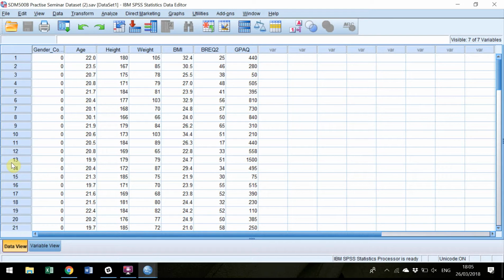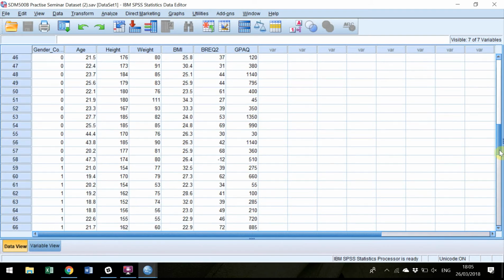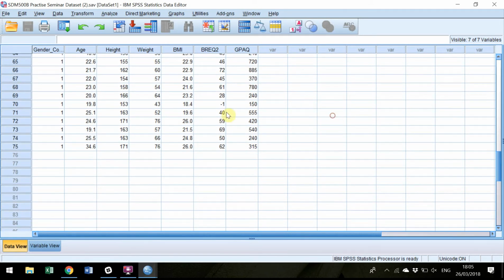Perhaps the research question that I'm going to be concentrating on today is preparation of a data set to see whether BMI is correlated with the BREC2 data. Now, the BREC2 is a questionnaire, and as you can see, I think somewhere, yeah, we've got a -1 in there.